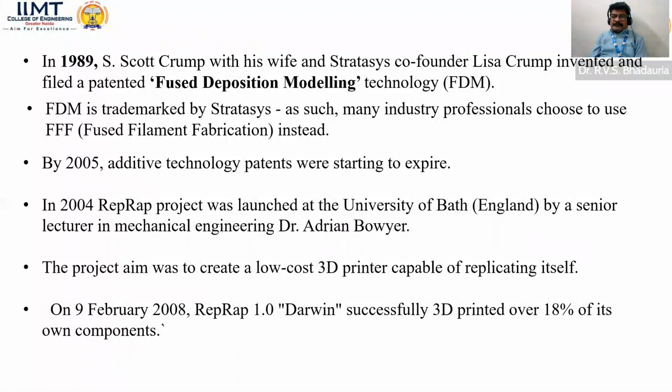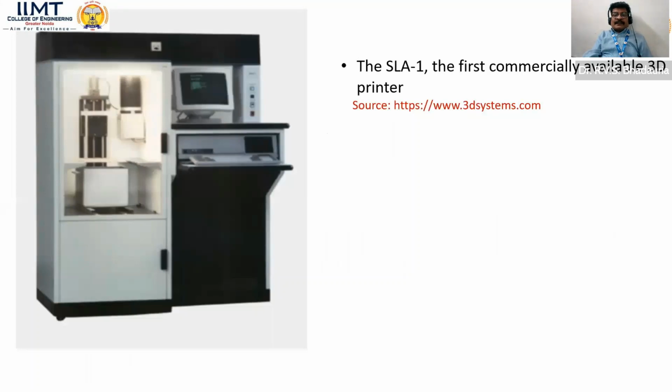And on the 9th of February 2008, RepRap 1.1 Darwin successfully 3D printed over 18% of its own components.